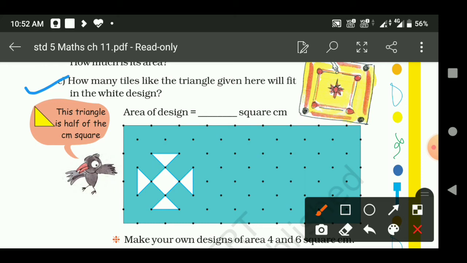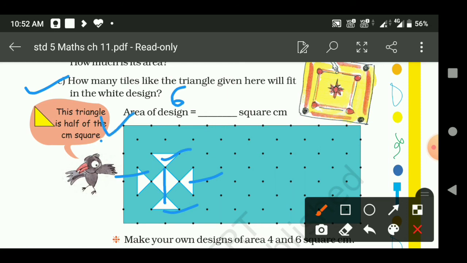So if you count here total 1 2 3 4 triangles are there, and here this full square, that means this triangle is half of the centimeter square, that means here 2 triangles. So 4 plus 2 is equal to 6. So 6 triangle will fit in the white design.